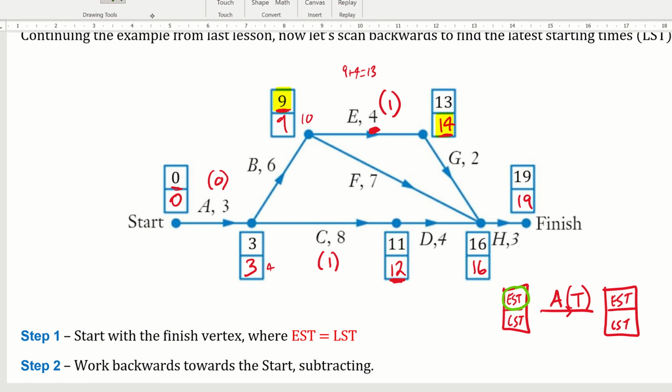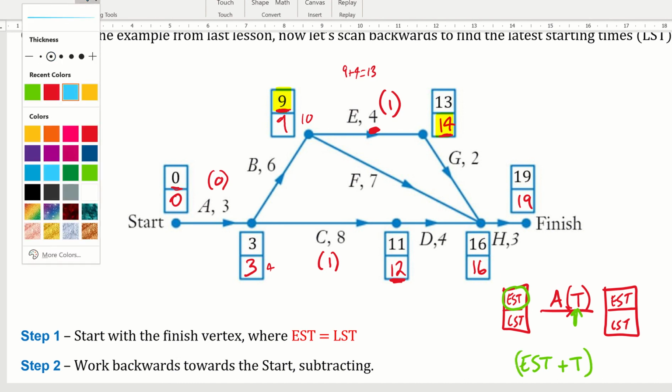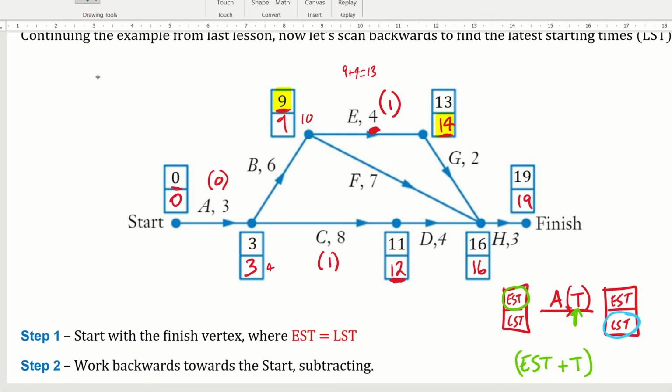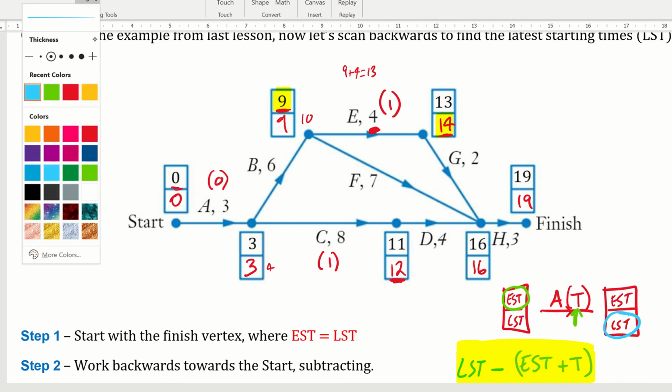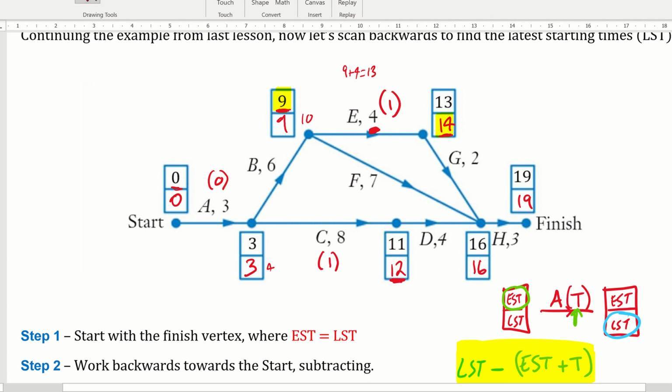So we take our EST and we add on our time frame. Now that answer, we subtract it from the LST of the next box, the latest possible start time. And that right there is your formula if you want to use that to calculate float times. But you don't have to use the formula. You can just keep thinking about it logically if you want to. It's up to you. So go ahead if you like and fill in the rest of the float times.